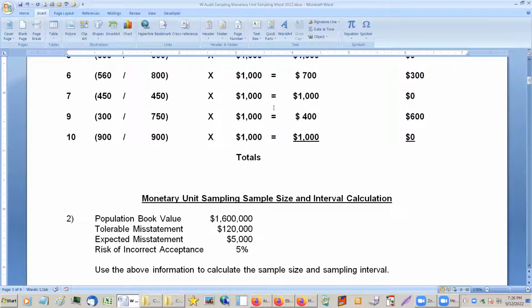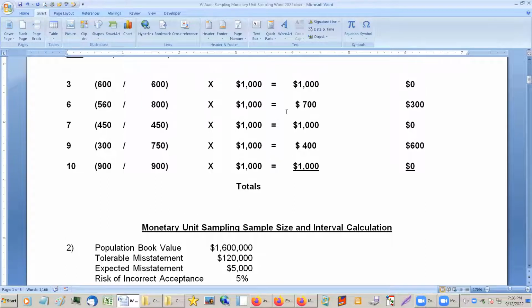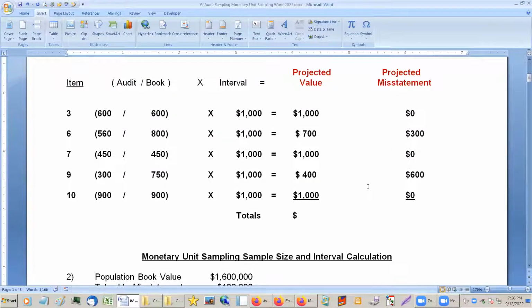This is 4,100. And this is 900. So we're saying this is misstated by 900.